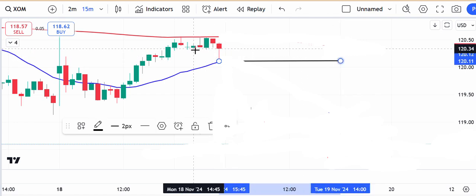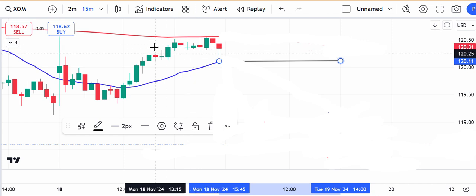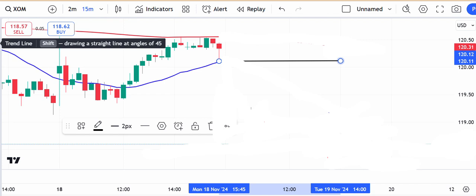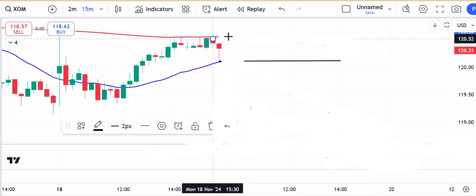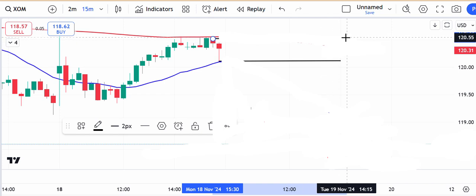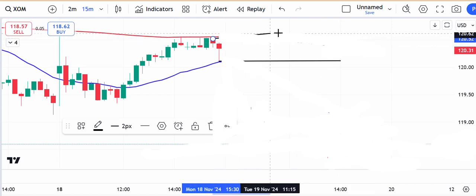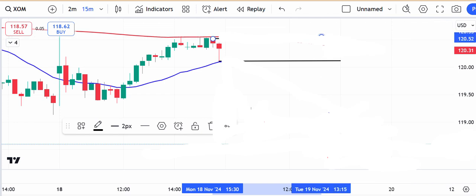The next thing we're going to do is find our 200 moving average, which is going to be right here. 200 right here. Boom. 200. 20.